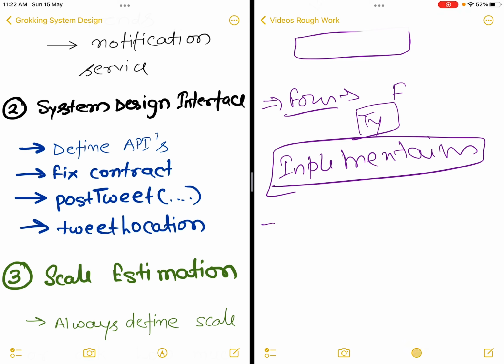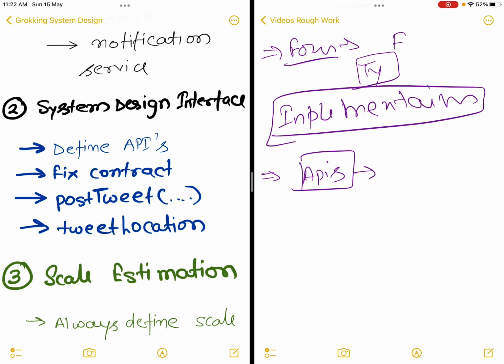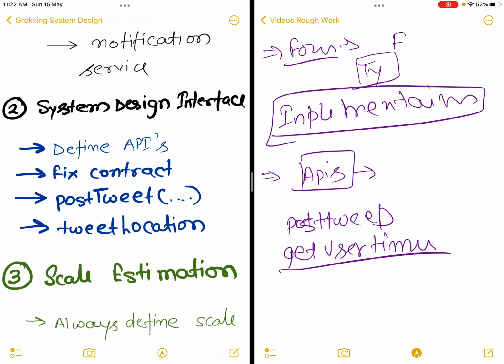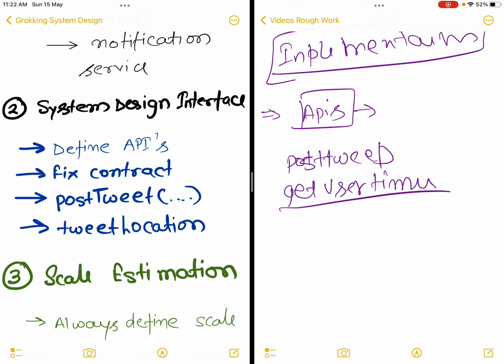In designing an interface, first what you should do is always fix all the APIs. Suppose you are designing Twitter, then you should define something like postTweet, get user timeline, and then suppose you are implementing hashtags, get tweets on hashtag.